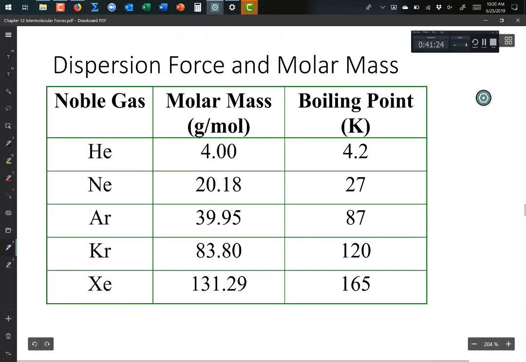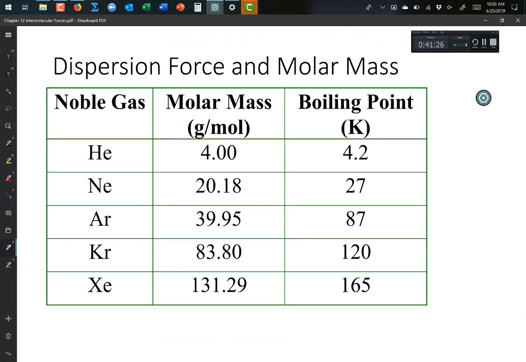All right. So you can see the dispersion force in these numbers. So we have helium, neon, argon, krypton, and xenon. Those are all the noble gases, except for radon, probably because it's radioactive. And then you look at their boiling points.